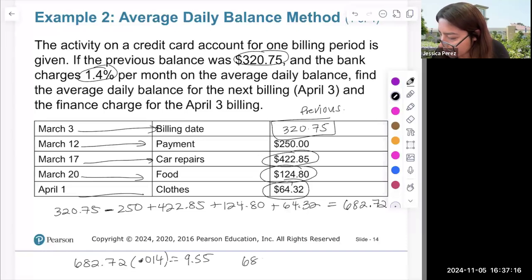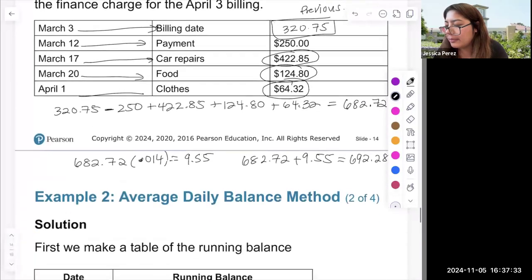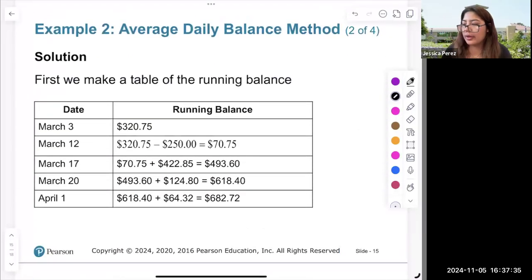So it's going to be 682.72 plus 9.55, which should be roughly $692.28. There it is.